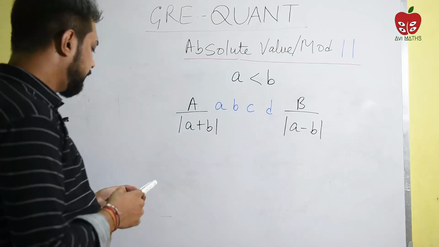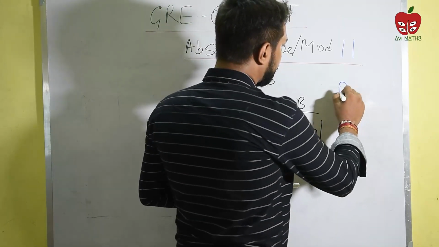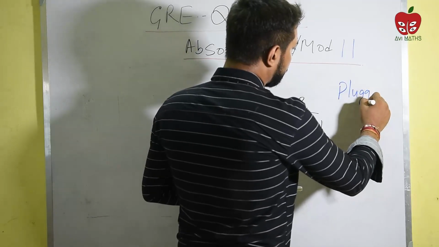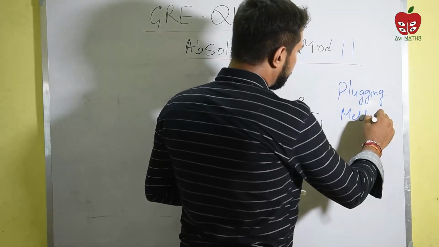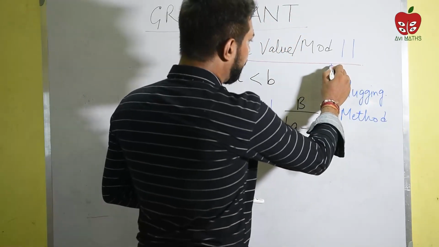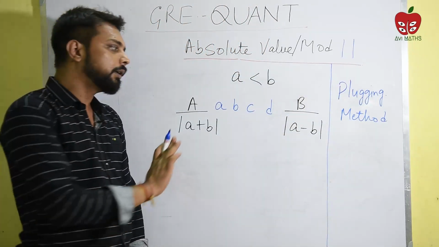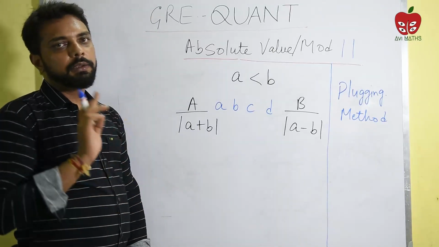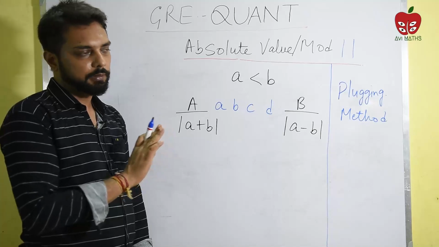Let me write it, plugging method. What do you mean by the plugging method? The plugging method is nothing but assigning some easy values, and different kinds of values, to the variables.